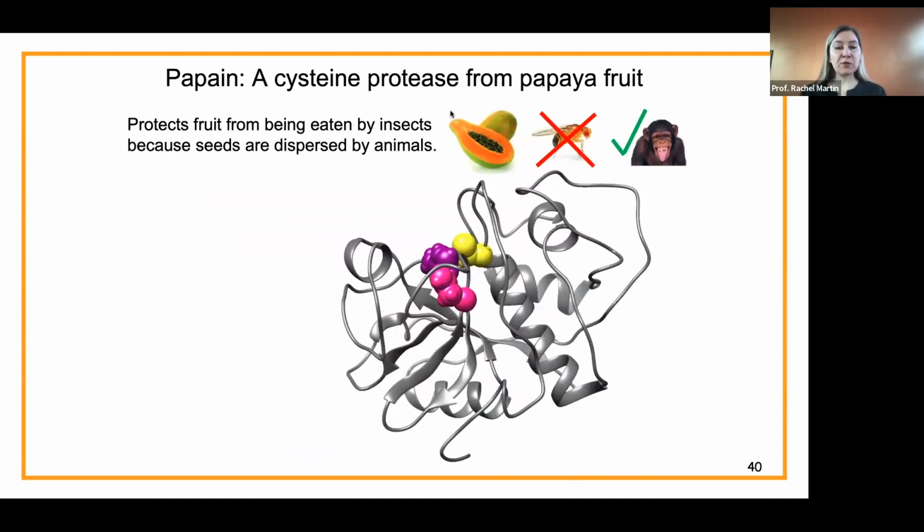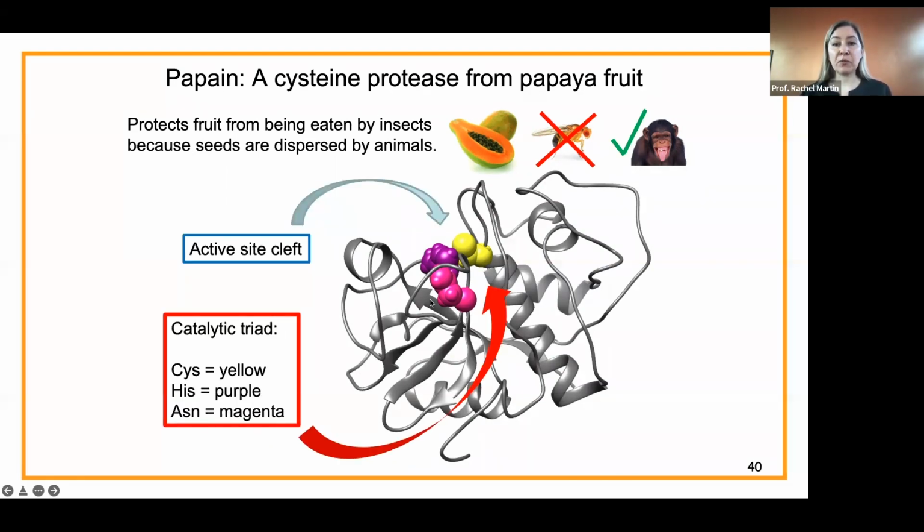And our reference sequence in this case is papain, which is a cysteine protease from papaya, and it's made in the fruit. And the point of it in the context of the plant is to keep insects from eating it because it's supposed to be dispersed by animals. And it has a really recognizable active site cleft and a catalytic triad that we're going to look for in our new sequences.